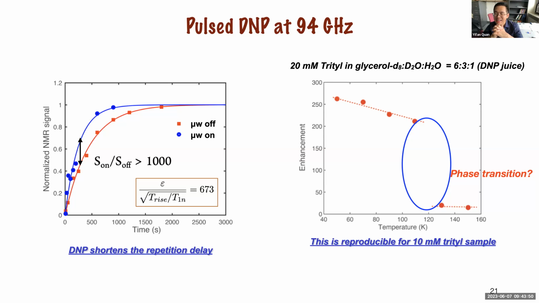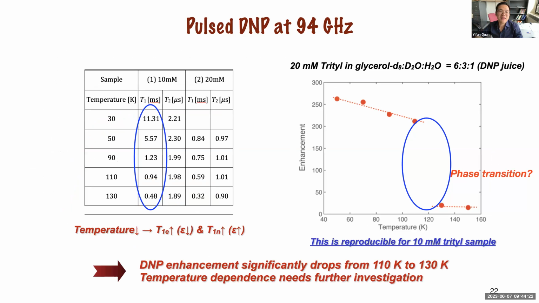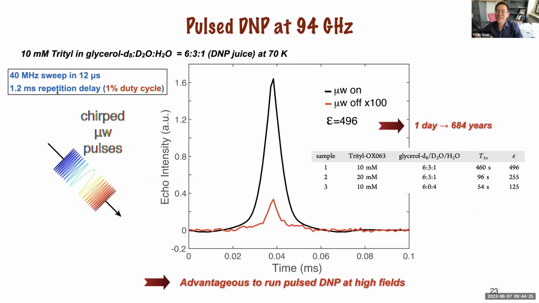I did these calculations before: if you calculate the concentration, let's say the average distance between one electron and another, and calculate how much time it would take for spin diffusion to cover this distance, it's on the order of milliseconds, or it could be less depending on the concentration, and we are running with a 1 millisecond repetition delay.